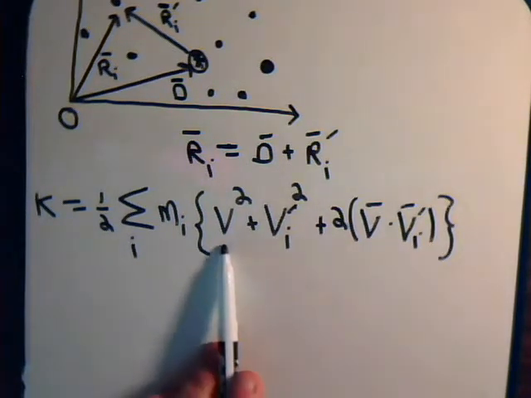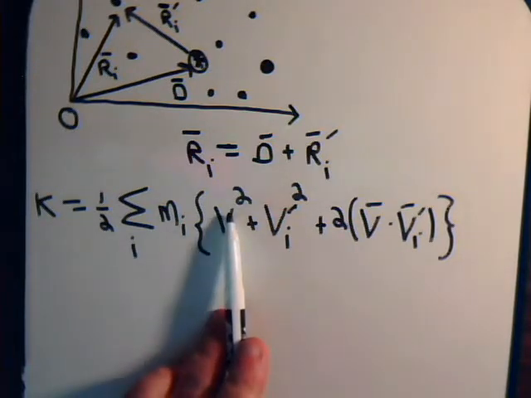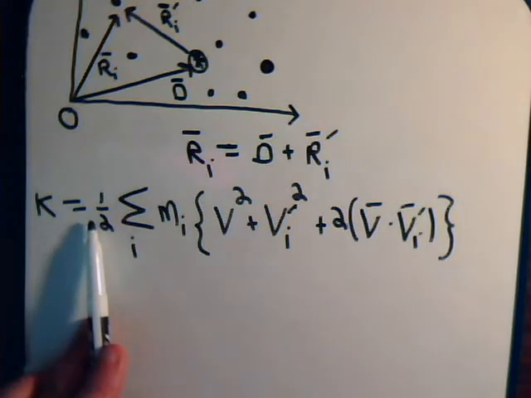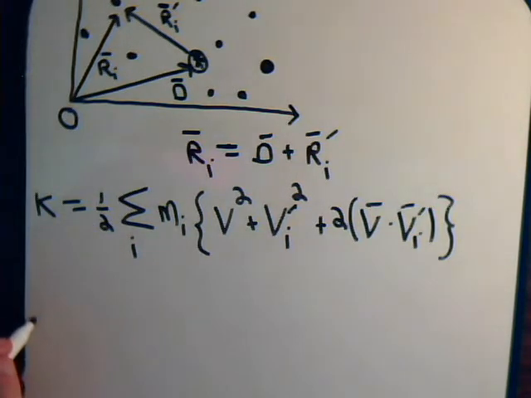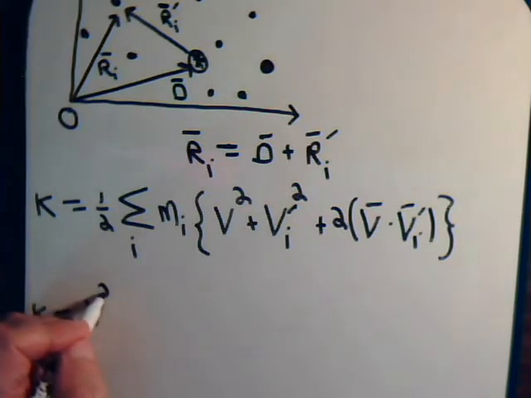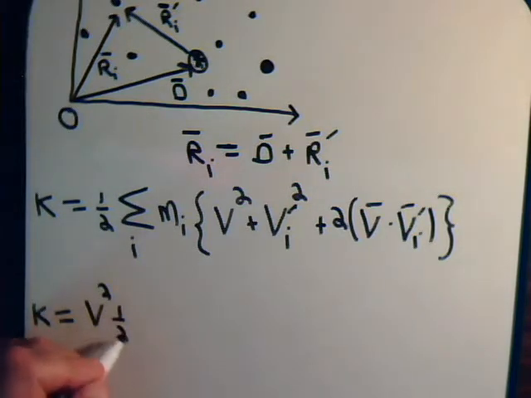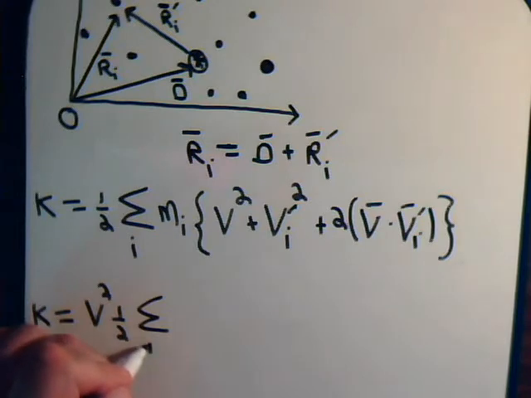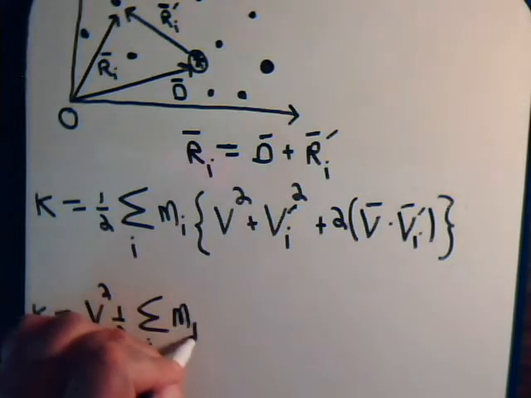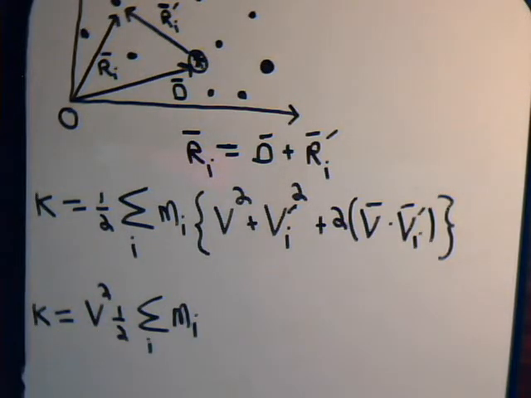Now notice this is the velocity squared of the center of mass. That of course is not summed over i, so we could just take this and put it on the outside of the formula. So from our first term we would have K equals V squared times 1/2 sum over i of mi.